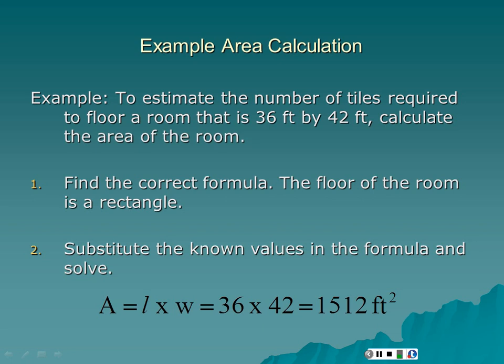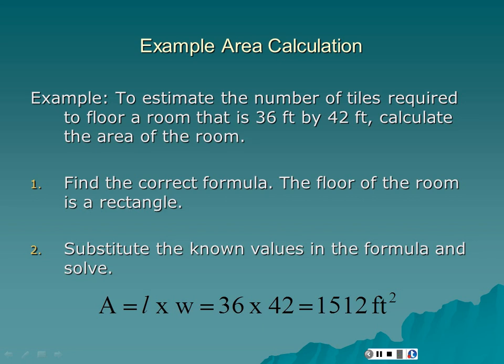Now, we tried to give you a more systematic way of what you need to do. In step 1, we try to find the correct formula. We know that this is a rectangle, so the formula applied here should be the formula for calculating the area of a rectangle, and we substituted all the unknowns.